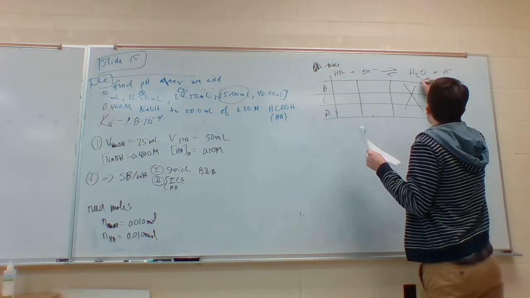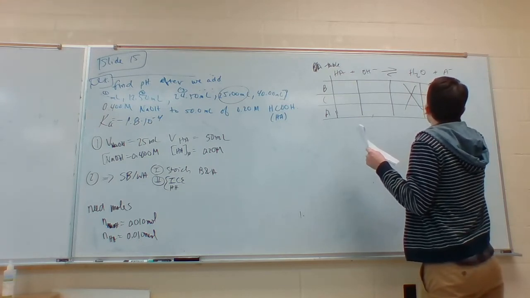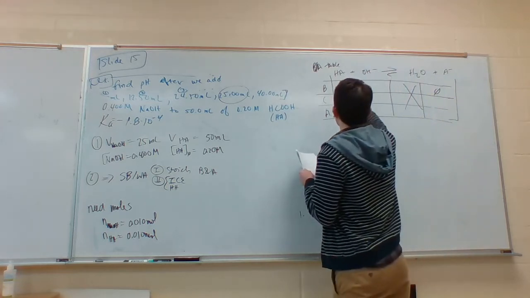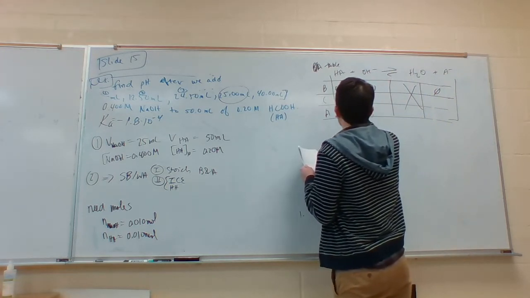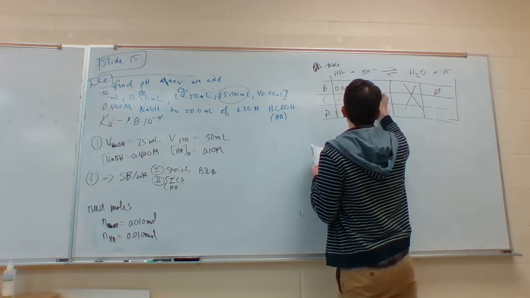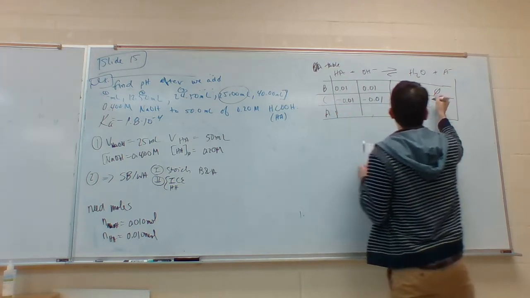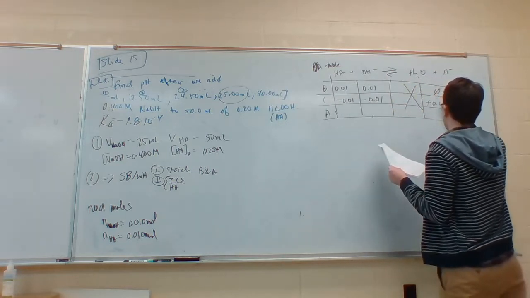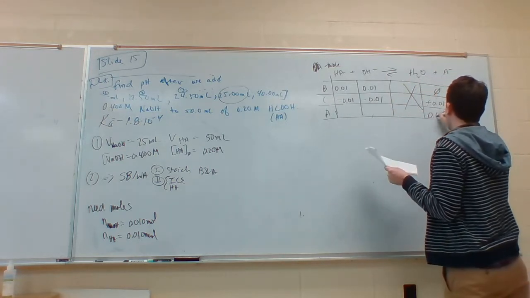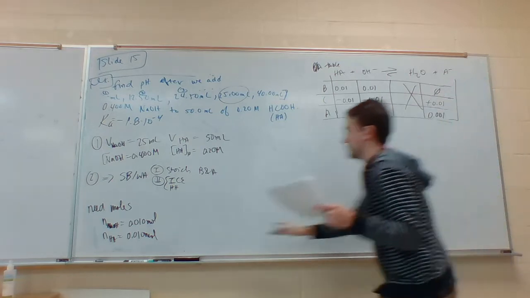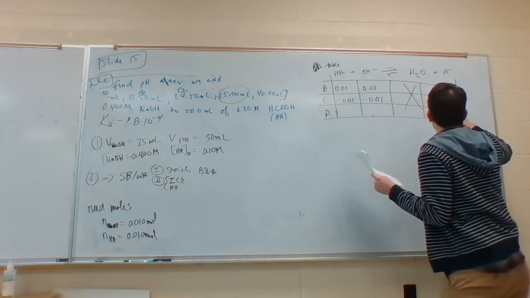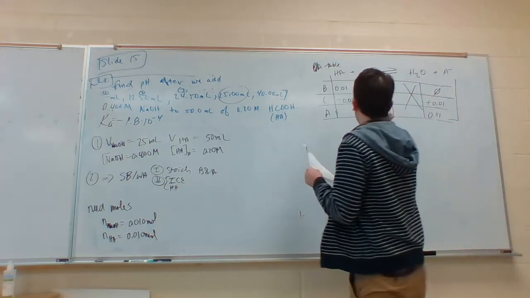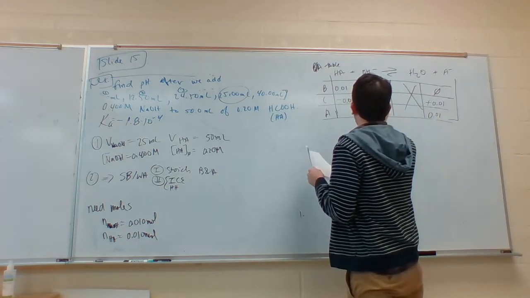We start out with none of the A minus. We have 0.01 and 0.01. We're going to subtract 0.01 from the left side, and we will add 0.01 to this side. We will get 0.01. And here, we will end up with 0 and 0.